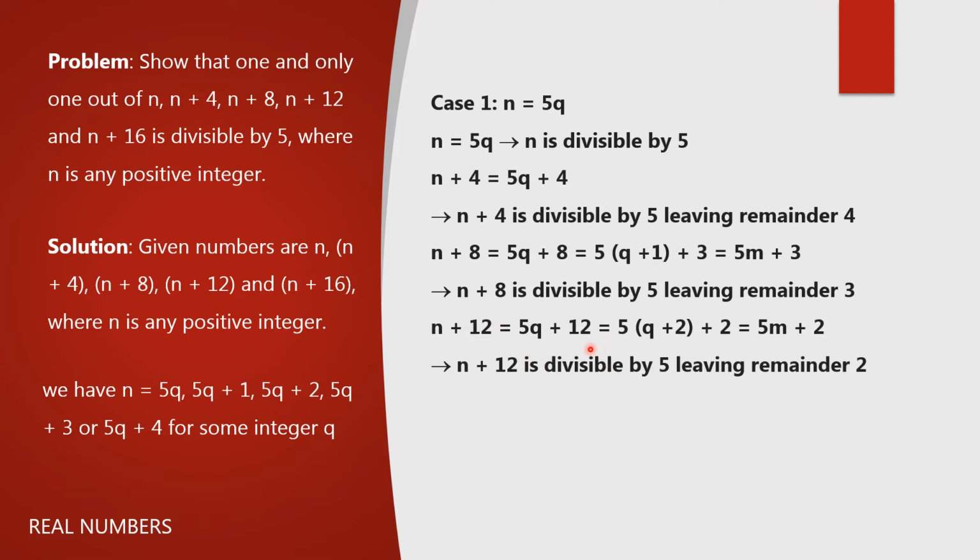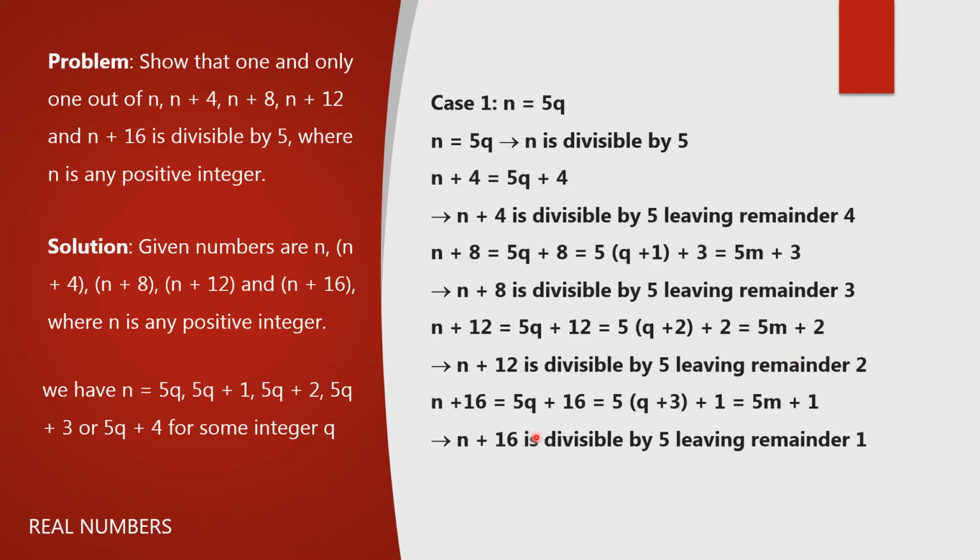Here 12 is more than the divisor. I can write this as 10 plus 2. From 5q plus 10, I can take 5 common: 5 into q plus 2, plus 2. And this q plus 2 I can write as m, so 5m plus 2. Now n plus 12 is equal to 5m plus 2. I can write this statement as n plus 12 is divisible by 5, leaving remainder 2. As there is some remainder, n plus 12 is not divisible by 5.